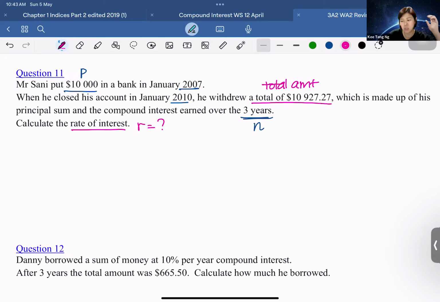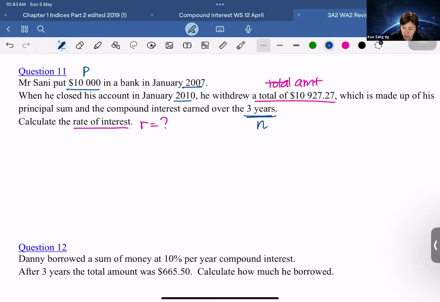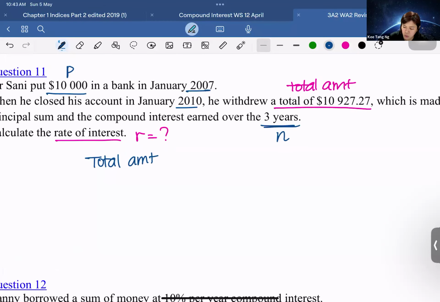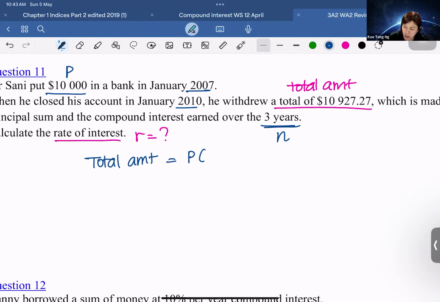So what we do is we have our compound interest formula, total amount equals to P bracket 1 plus R over 100 power N. So what do I put for my total amount? The total amount is actually this number. I'll put it down here, 10927.27.